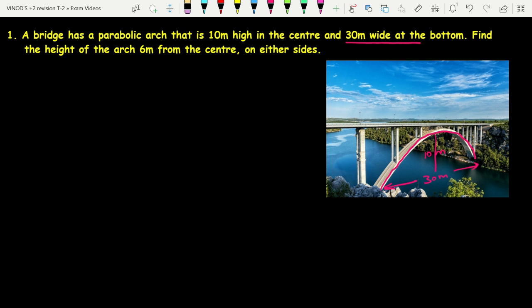Find the height of the arch 6 meters from the center. So this is the center. From the center you have to move 6 meters to the right or 6 meters to the left. Then here, what is the height of the arch? So we have a parabola. This is the parabolic arch.